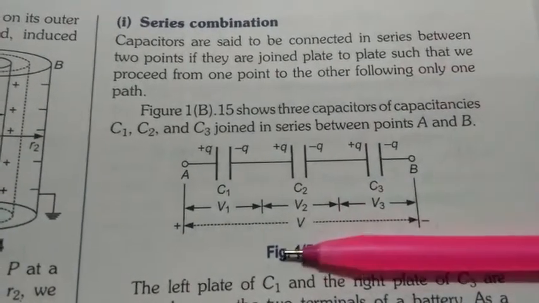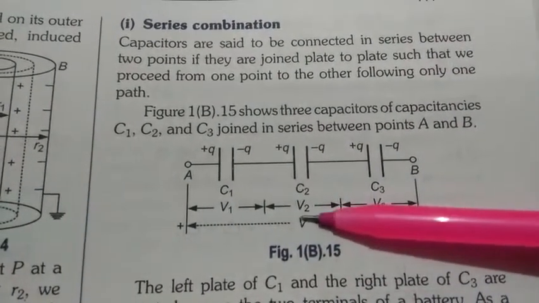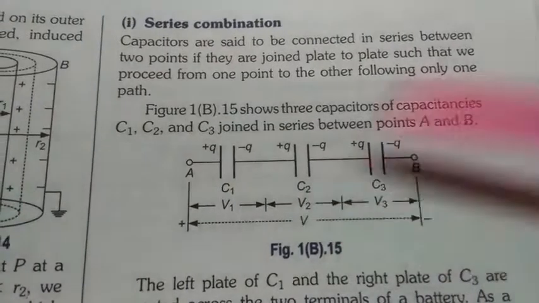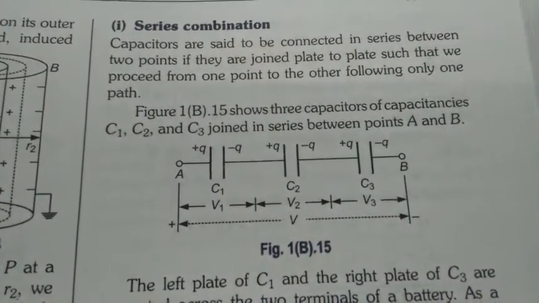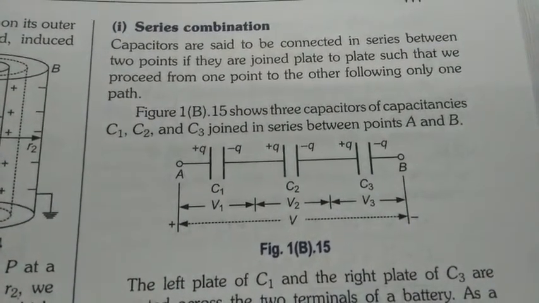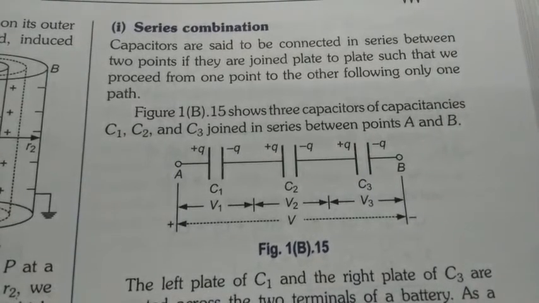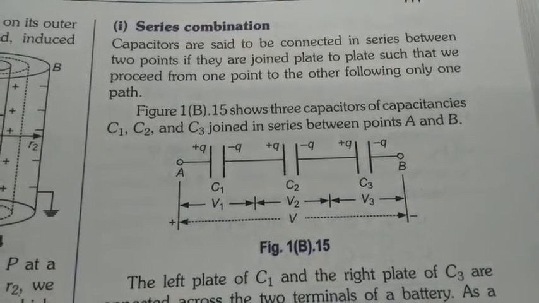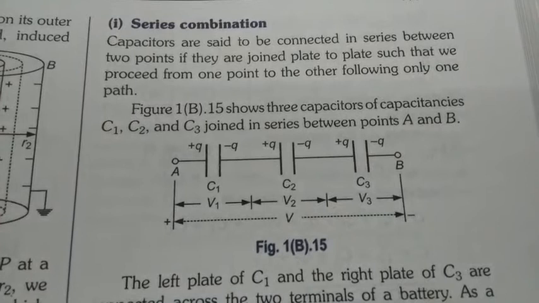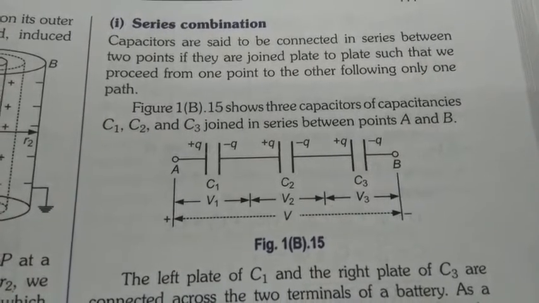Now here suppose the source is there, and this is V. So suppose there is one source through which V voltage is supplied to this circuit. Now as we all know, potential depends upon the distance.